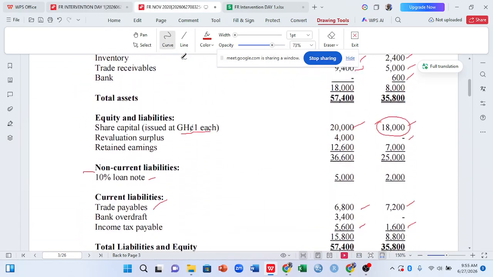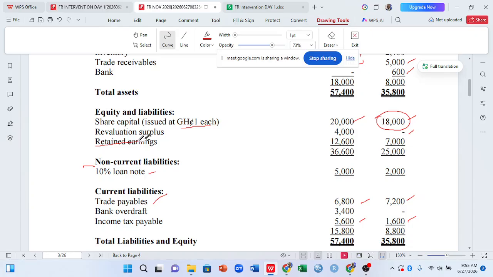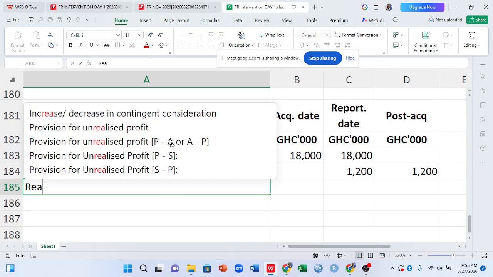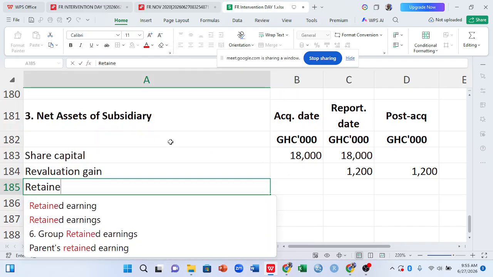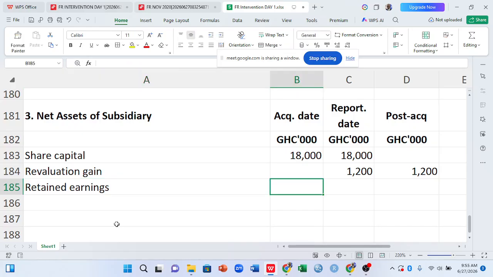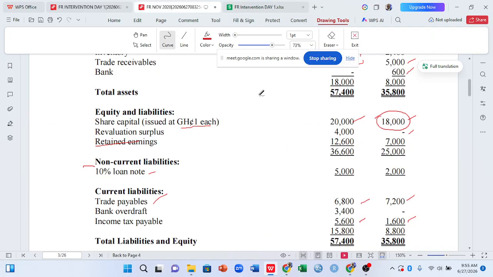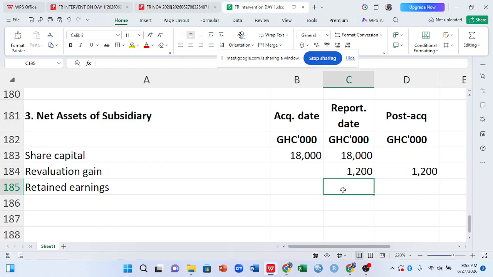Then we have retained earnings over here. So we bring our retained earnings. So it's 7,000 here. Then we need to bring the acquisition date retained earnings.